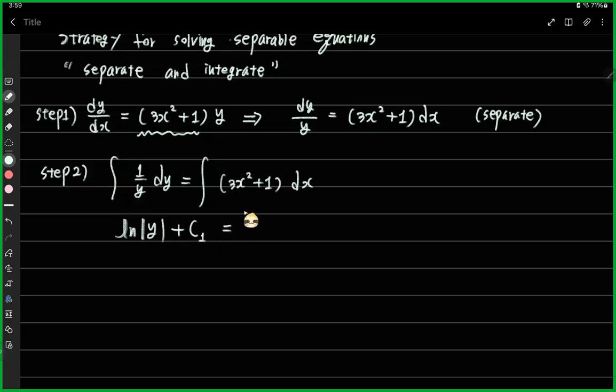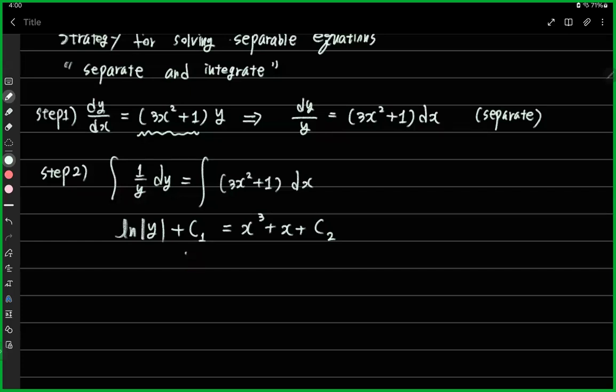This is equal to x cubed plus x plus c sub 2. Okay, is that all? Is that the answer? Yeah, you can say that, but please simplify the solution so that we get the explicit form of the solution if it is possible.